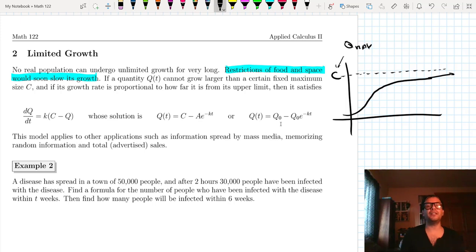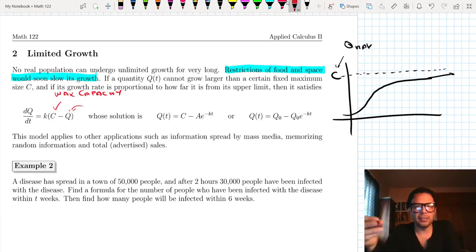Just briefly, let me explain the formula. This is very similar to the other type of growth, the limited growth. However, in this case, this is the maximum capacity, and then the amount of people that gets infected every time.